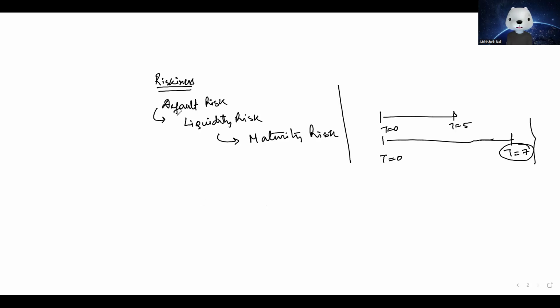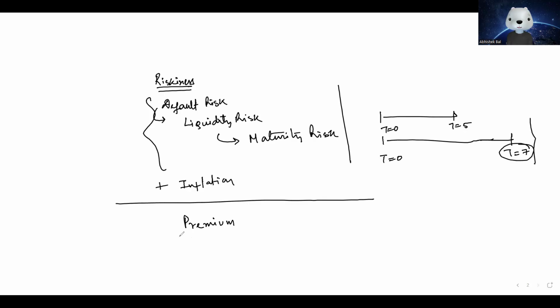Which tells us that if we combine all of this risk, of course, there are a few other risks also, which I'm not going to get into detail of because those are more pertinent when we study fixed income. Suffice to say that, pertaining to these three risks plus the inflation risk, if we add all of them, there is going to be something called a premium that gets built into any sort of interest-bearing security in the market.